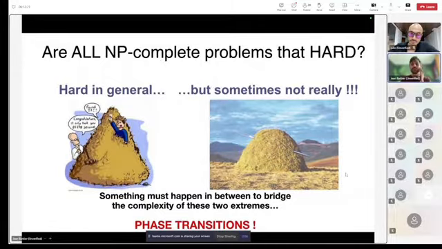Okay, so is a problem typically hard or typically easy? And so something must happen between the very easy problems and the very hard problems. And the transition between these two classes is usually sharp. It's not a kind of continuum of easy to hard. It's usually sharp. You go from very easy to very hard.